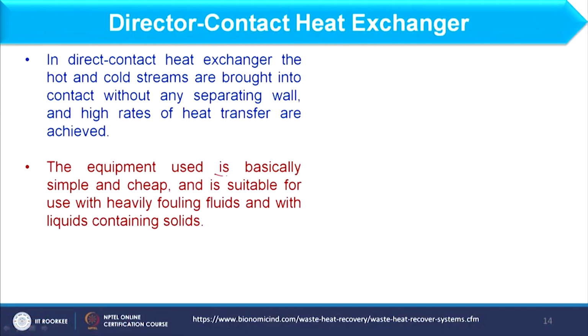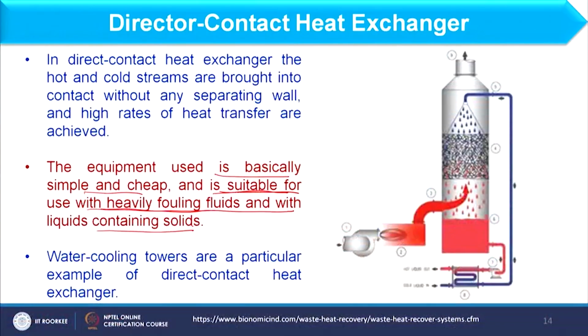The equipment used for direct contact type is basically simple and cheap, and it is suitable for use with heavily fouling fluids and with liquids containing solids. When I am dealing with a high fouling fluid, where we can have a reduced heat transfer coefficient, that fluid can be handled easily in direct contact type, because further resistance is not offered in heat transfer.